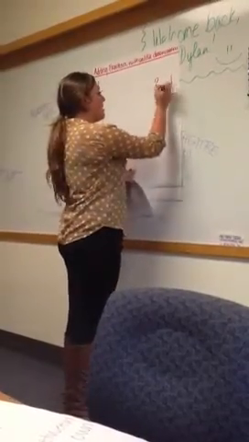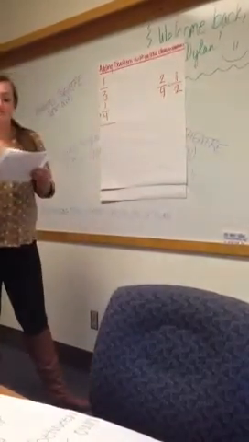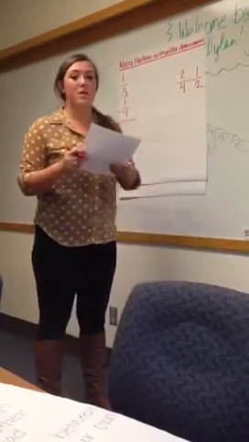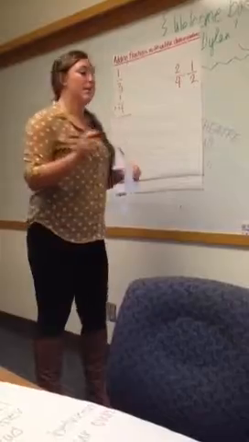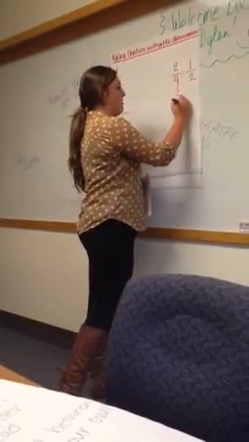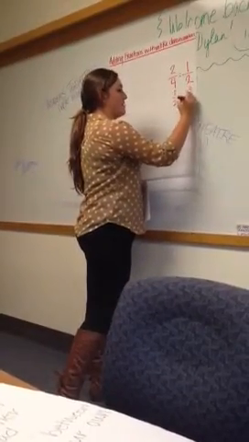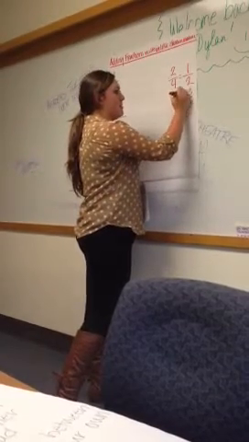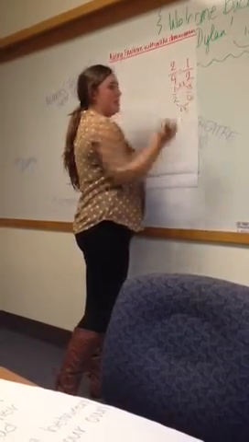They equal the same thing, they just look different. Can anybody give me another equivalent fraction to 1/2? 3/6. Yeah, so 1/2 equals 3/6 because you times the denominator by 3, so you have to times the numerator by 3.